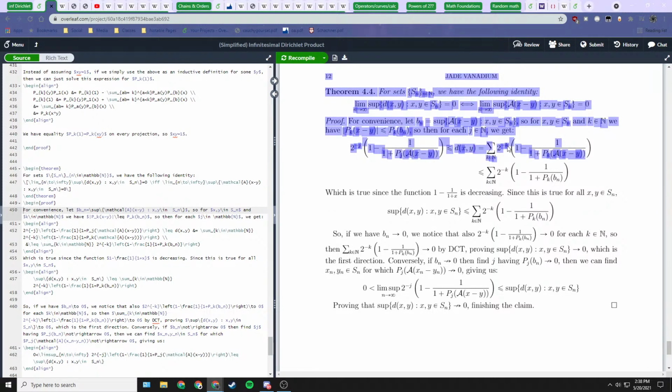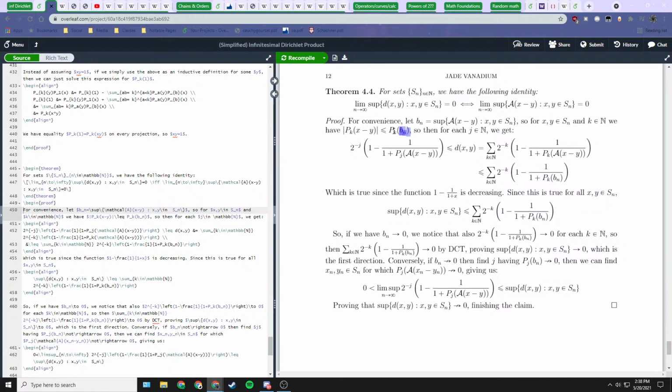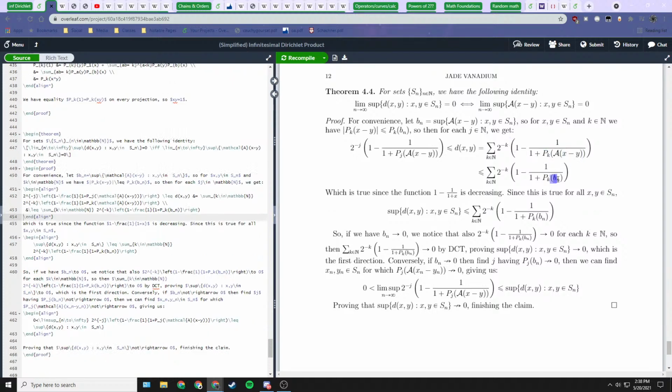But each one of these terms p sub k of a of x minus y is bounded by p sub k of b sub n, and these functions are all increasing functions. So we can just replace p sub k of a of x minus y with p sub k of b sub n. So we form this upper bound in terms of b sub n for the distance function, and we create a lower bound on the sum in any given index.